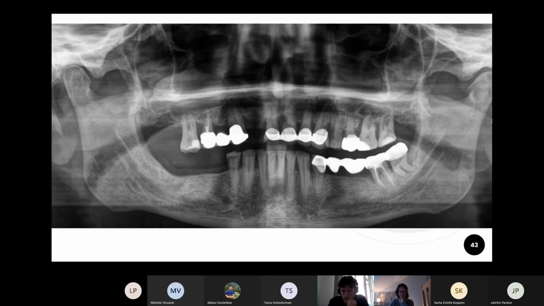Number 7 is endodontically treated, looks all good, 2 canals filled. Or actually 3, you can even see the third mesial canal slightly behind the other one. And in number 3, you can see huge distal caries, you see properly the radiolucency there.